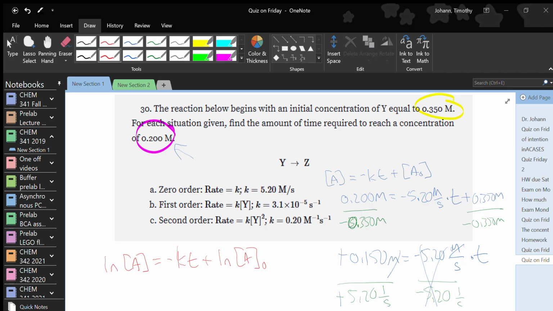Write out the rate law before calculus. It's delta A over delta t equals, oh, I know, it's second order, so k times A squared. And then you just take the integral of both sides, right?